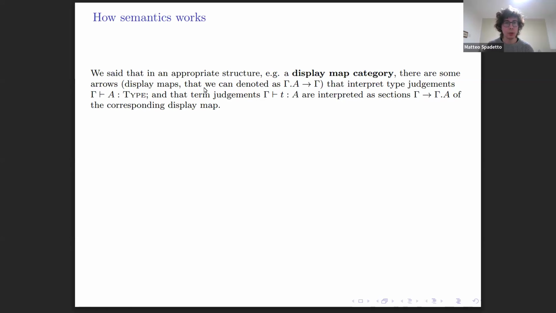And these are the arrows that we use to talk about type judgments, while the sections of these display maps correspond to terms of the types validated by these display maps.